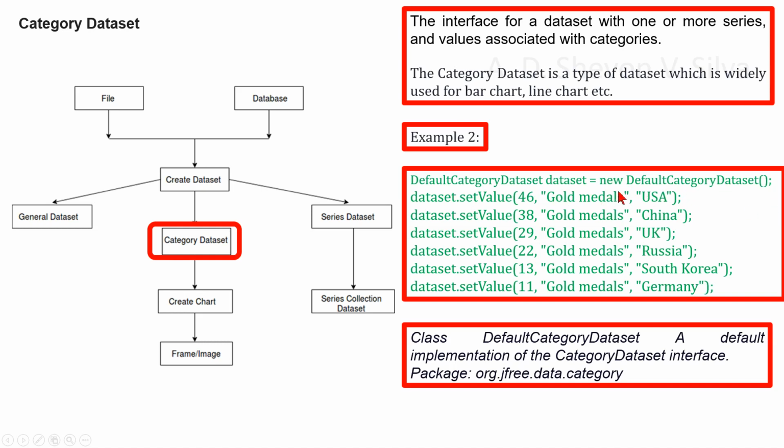Here it creates a new empty dataset. Thus, the method setValue adds or updates a value in the table and sends a dataset change event to all registered listeners.